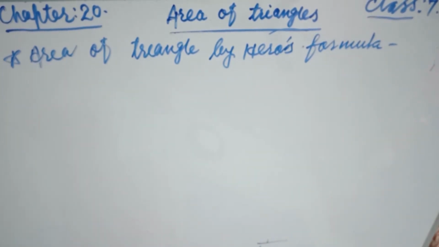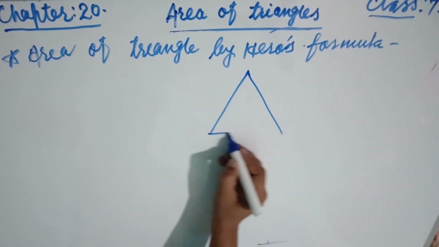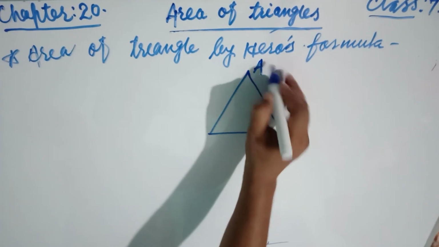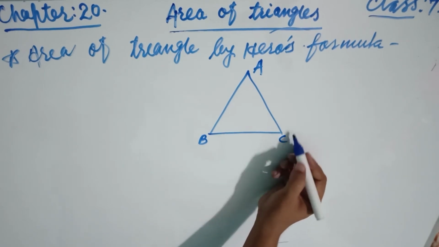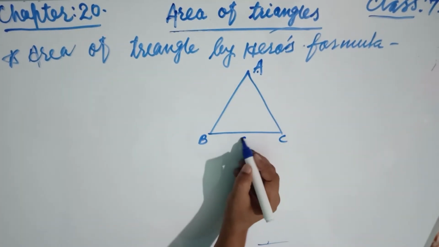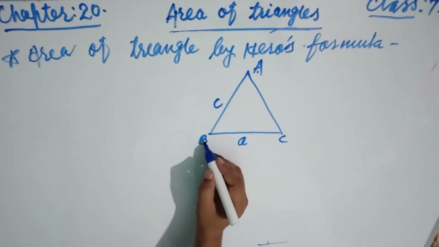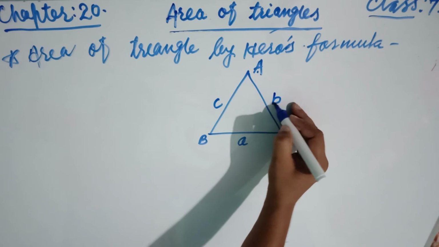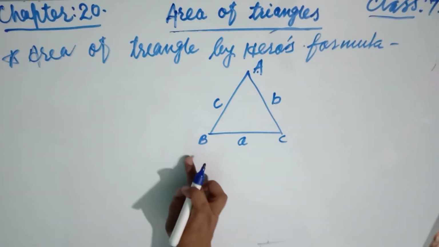Now see, friends, first look at this. There is a triangle in general. This is A, B and C. Now the side opposite A is small a, the side opposite C is small c, and the side opposite capital B is small b. So there are three sides a, b and c of triangle ABC.